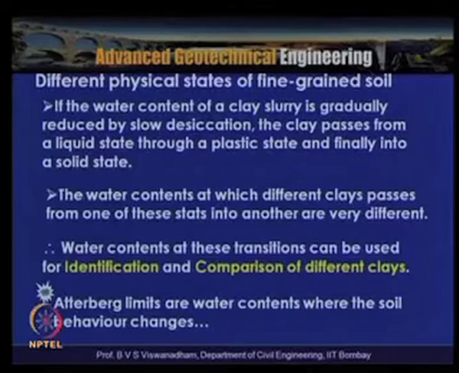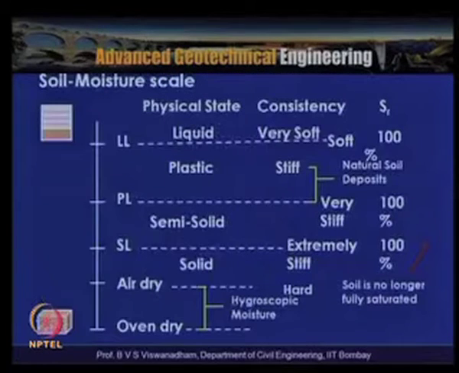These limits are called Atterberg limits, the water contents where the soil behavior changes from one state to another. In this slide the soil moisture scale is shown, with the physical state and the consistency.